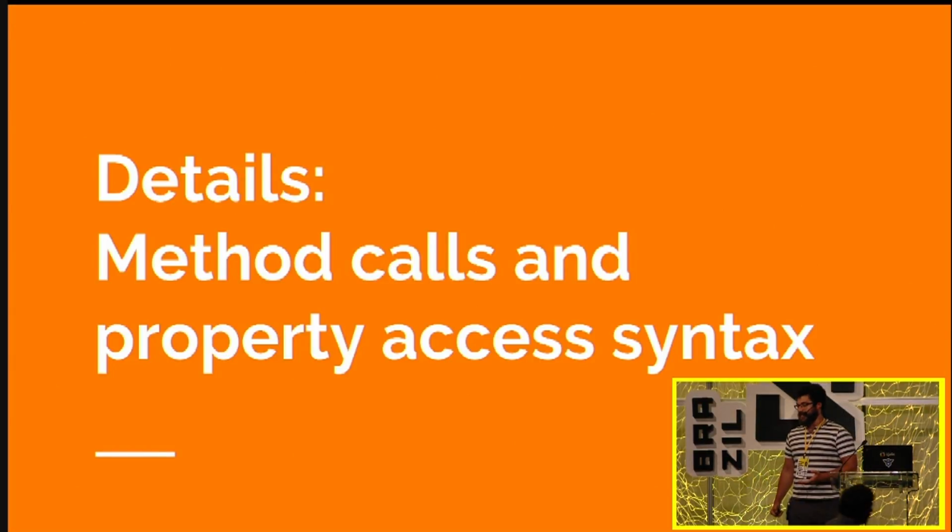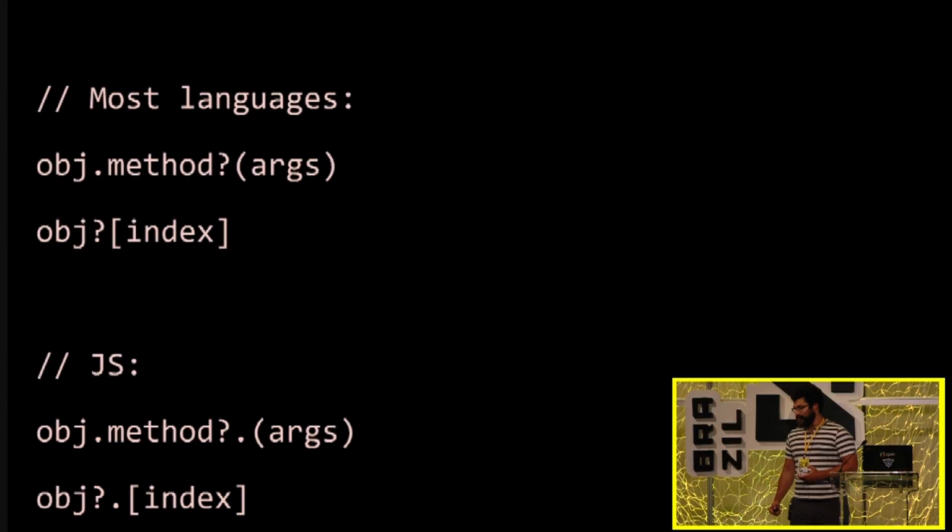So, method calls and property accesses. This is a syntax question. In most programming languages, like if you look at Swift or CoffeeScript, when they add optional chaining, they don't just add properties, they also add methods and array indexing.